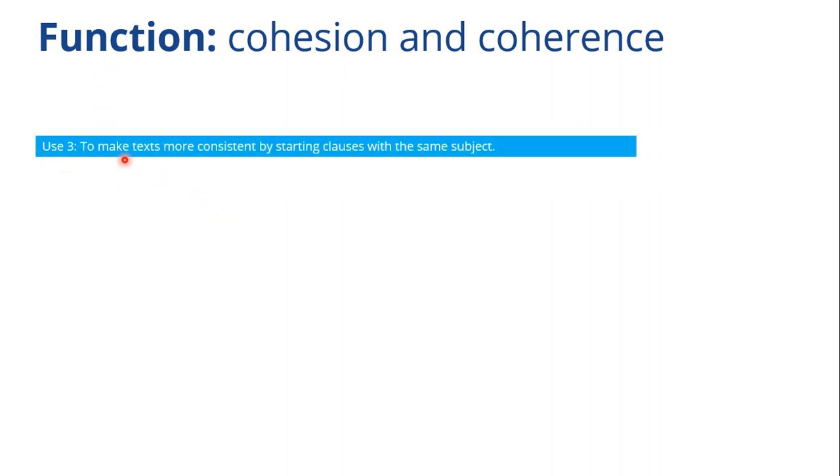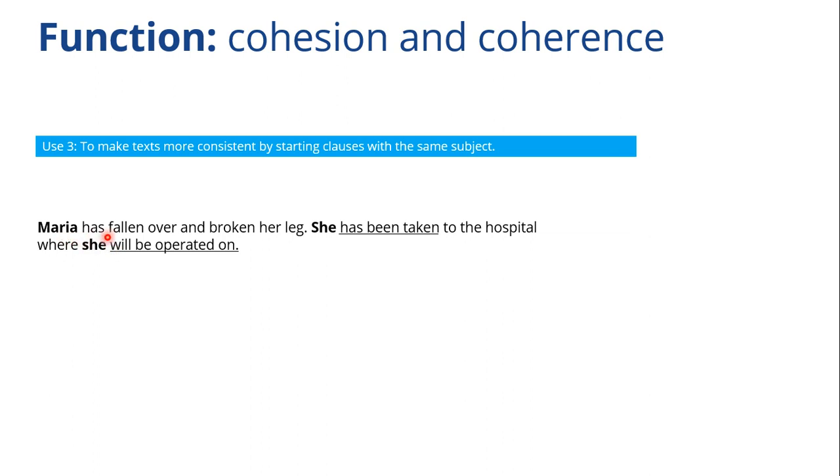Number 3, to make text more consistent by starting clauses with the same subject. Maria has fallen over and broken her leg. She has been taken to the hospital where she will be operated on.